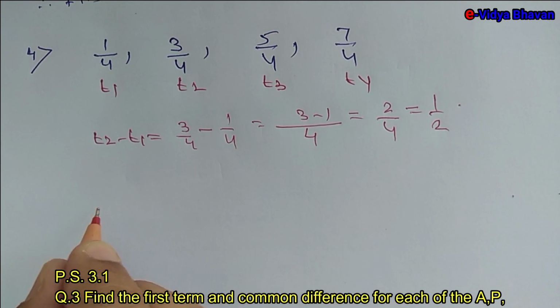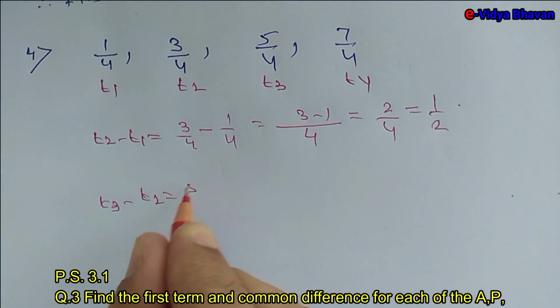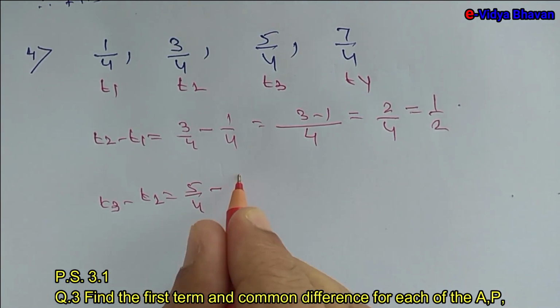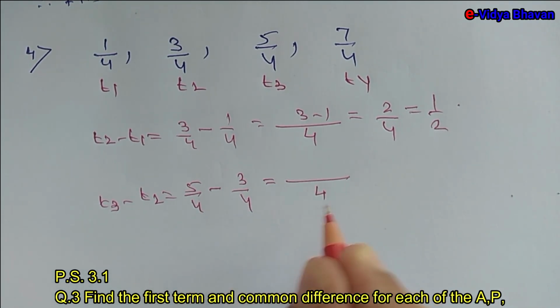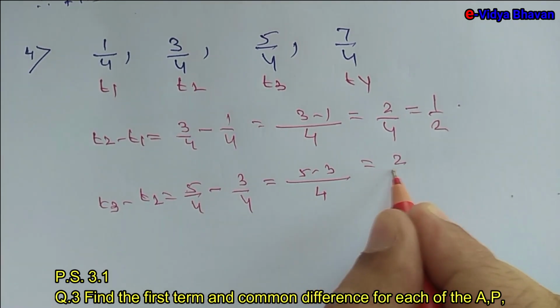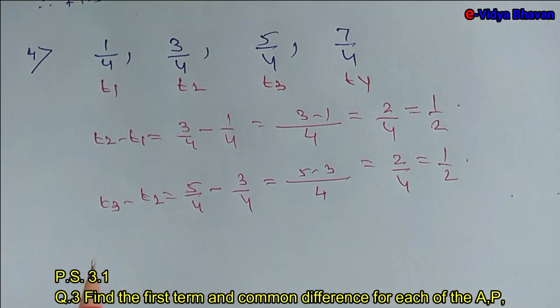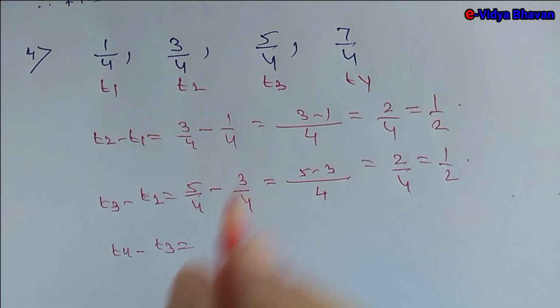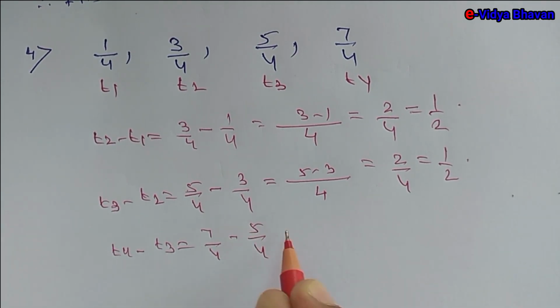T3 minus T2, 5 by 4 minus 3 by 4. Denominator is same, 5 minus 3, we are getting 2 upon 4, it is 1 by 2. T4 minus T3, 7 by 4 minus 5 by 4.